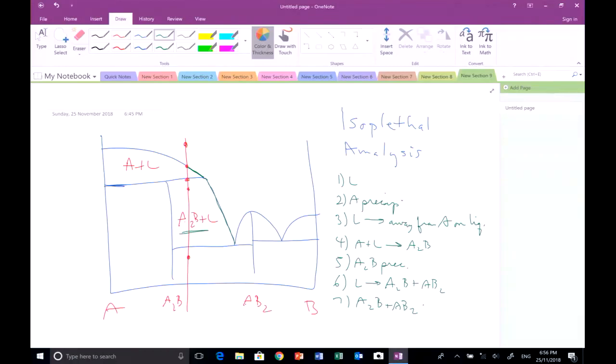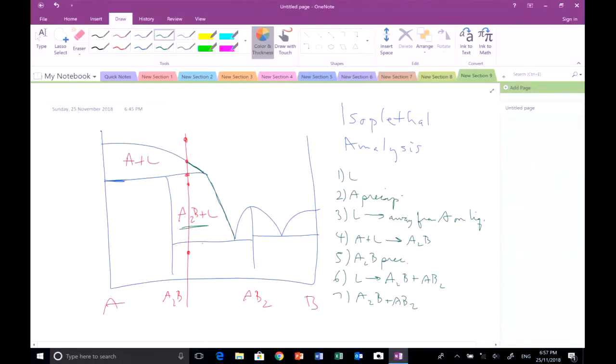But if it's been cooled more quickly than equilibrium can handle, I'm going to have maybe some A, primary phase, still hanging around. Yeah? When the eutectic reaction happens, when it goes down, does the AB2 come just from the liquid there, or would some of it come from the A2B? Not sure I've got your question. Are you talking about the eutectic here?